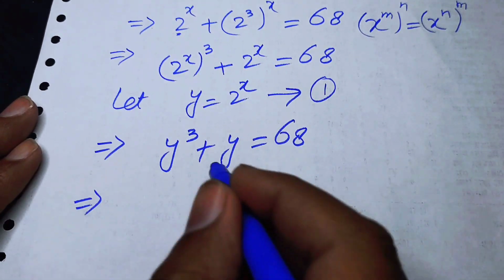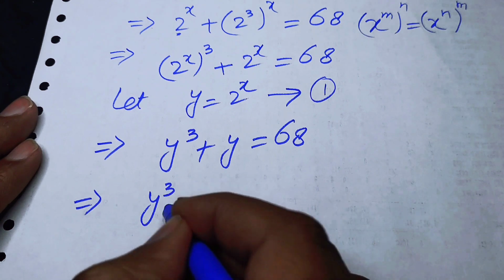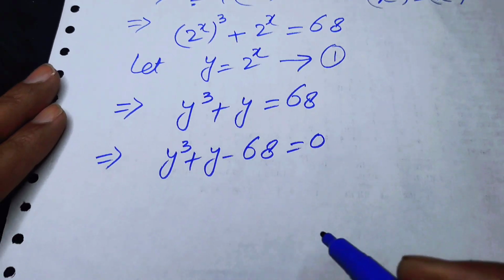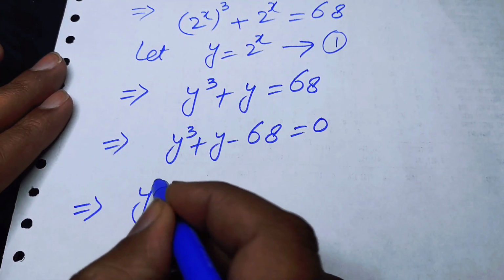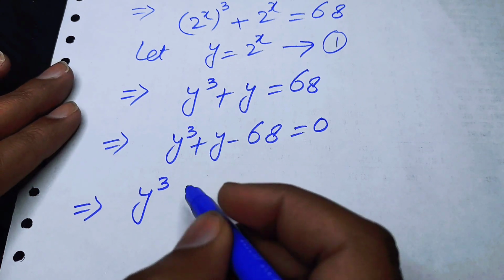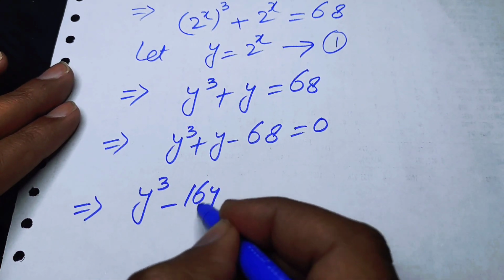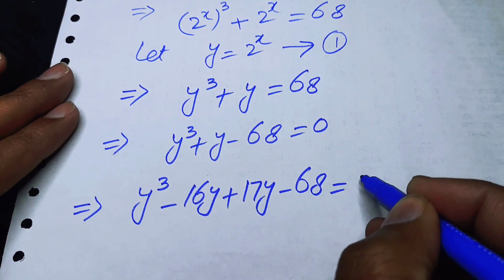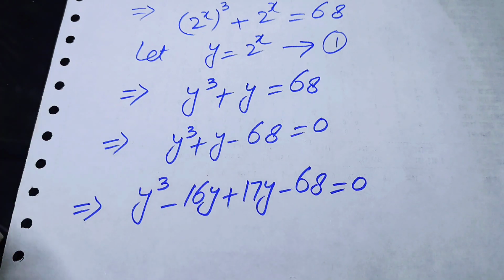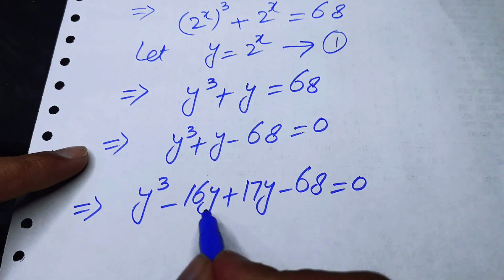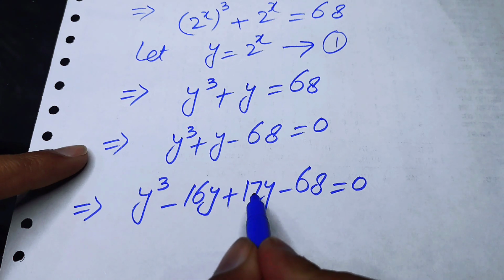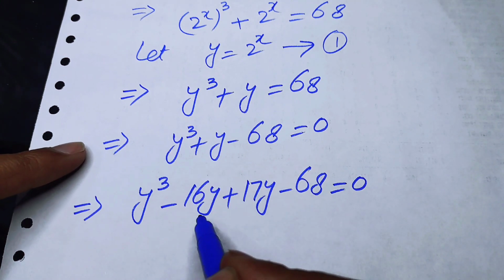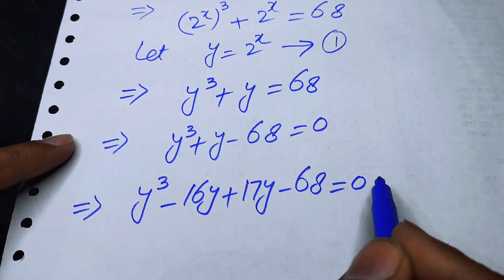Now I will rearrange this term and obtain y cubed plus y minus 68 is equal to 0. Now I will write this y as minus 16y plus 17y, minus 68 is equal to 0. Here, if we add minus 16 and 17, it becomes plus 1. So I can write y cubed minus 16y plus 17y minus 68 is equal to 0.